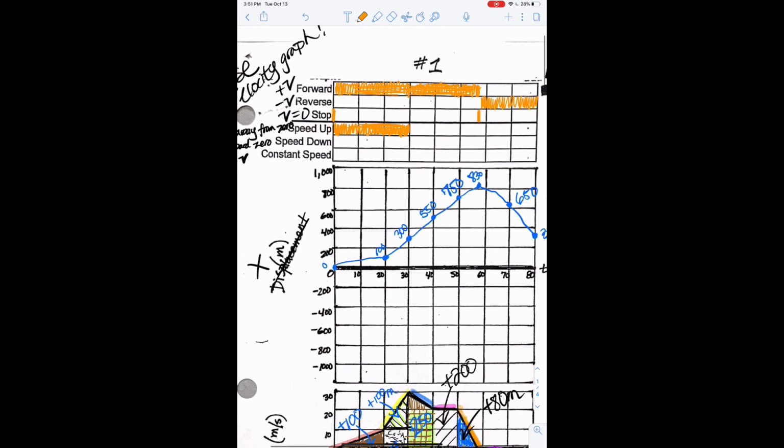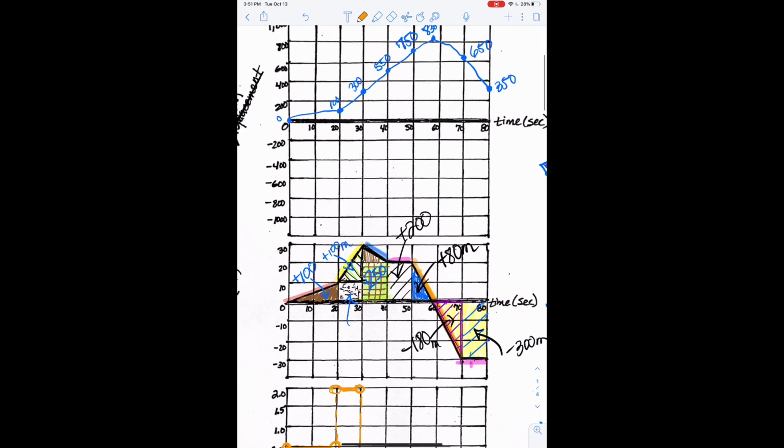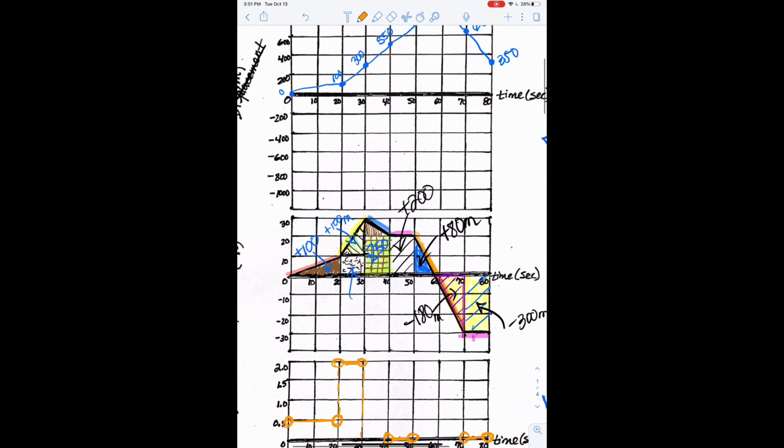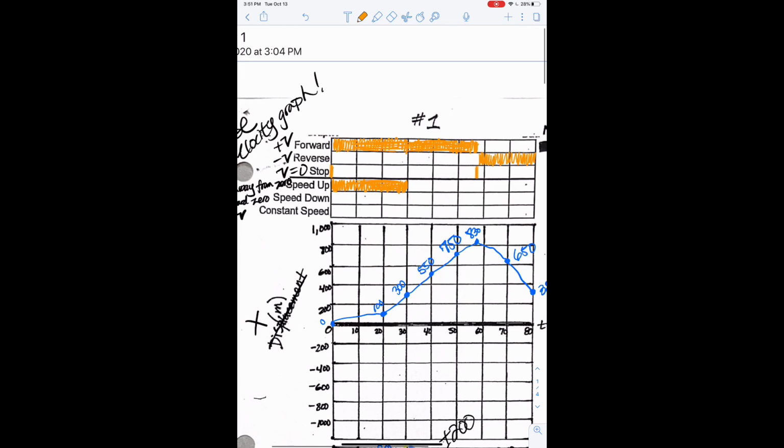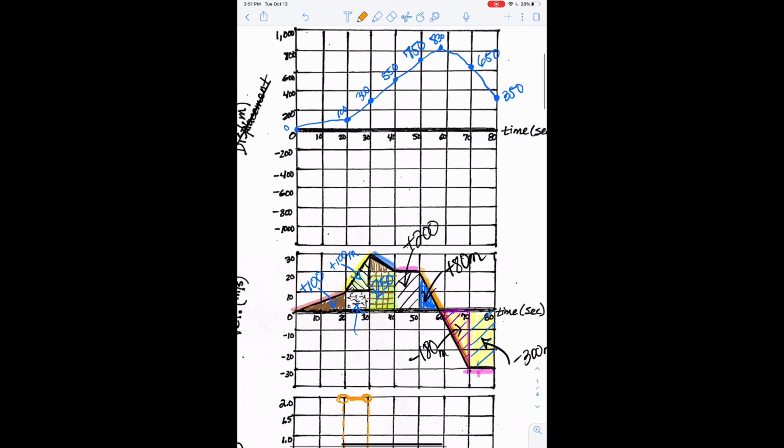Then from 30 to 40, this blue slope is going back towards 0, so that's a slow down or speed down. And then from 40 to 50, we're going to hold speed. That's going to be constant, because we have a constant 20 meters per second on that pink line.